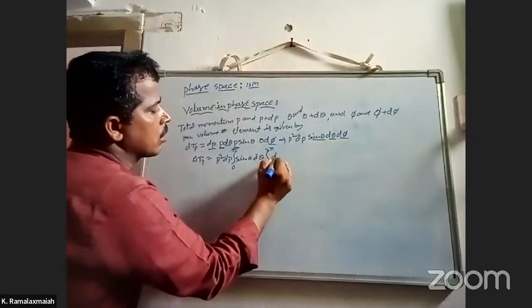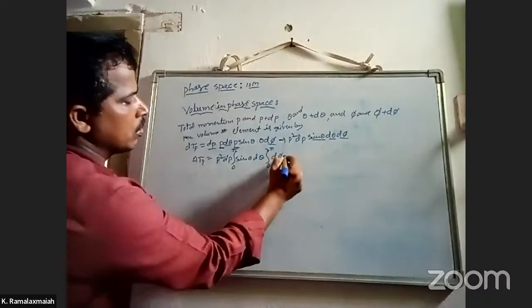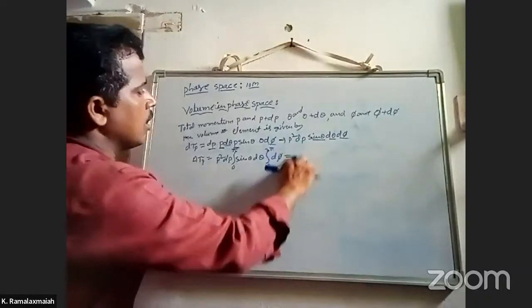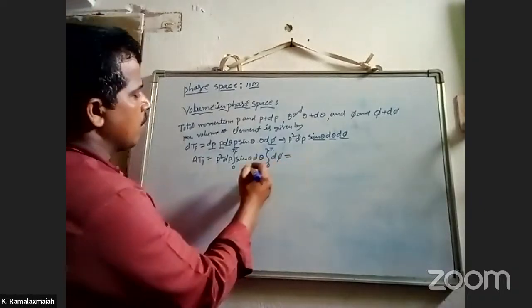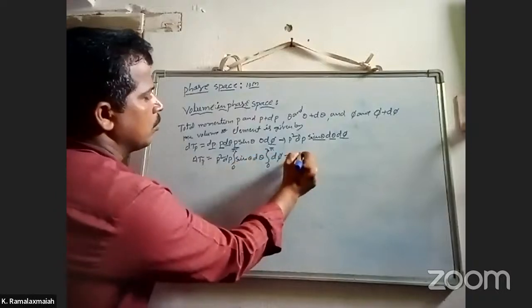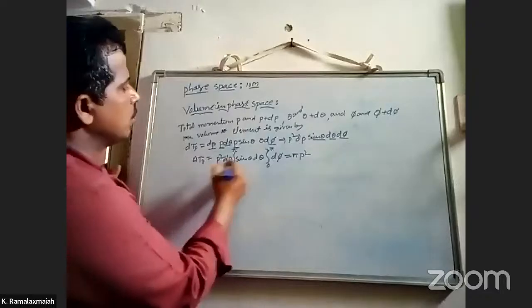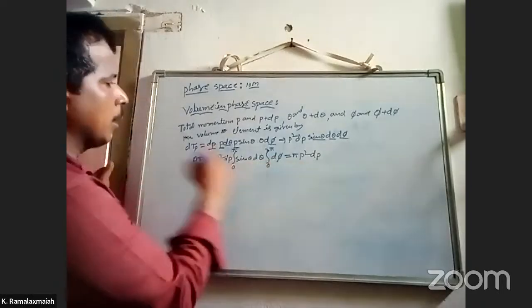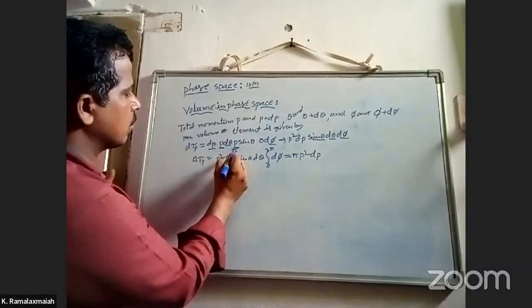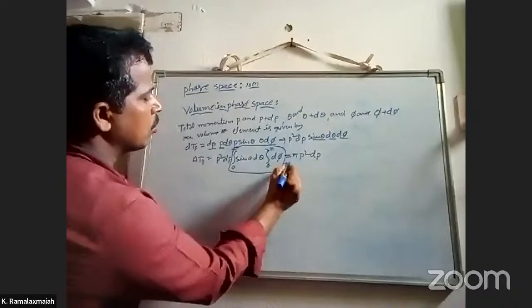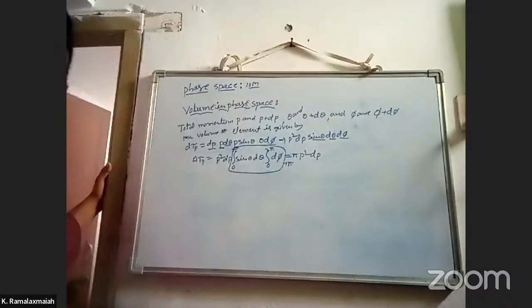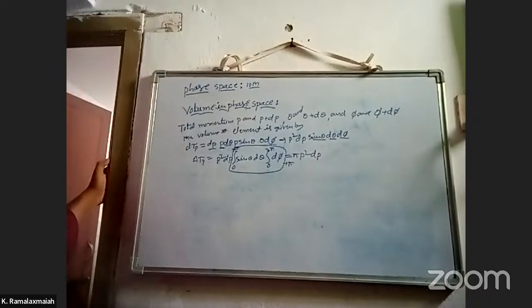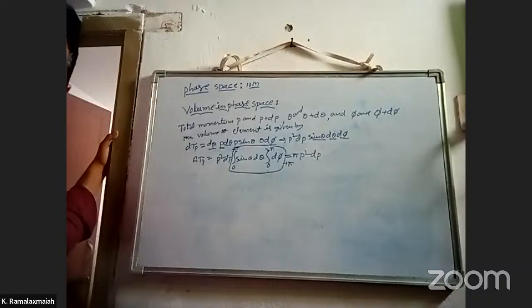This is the volume of a spherical shell, and the thickness is dp.